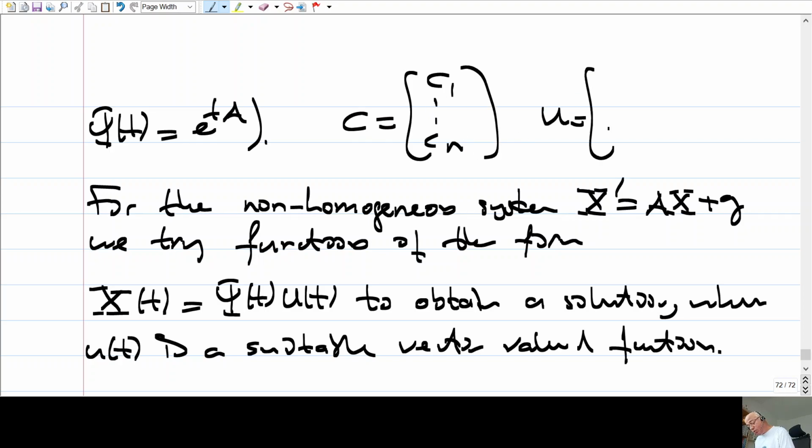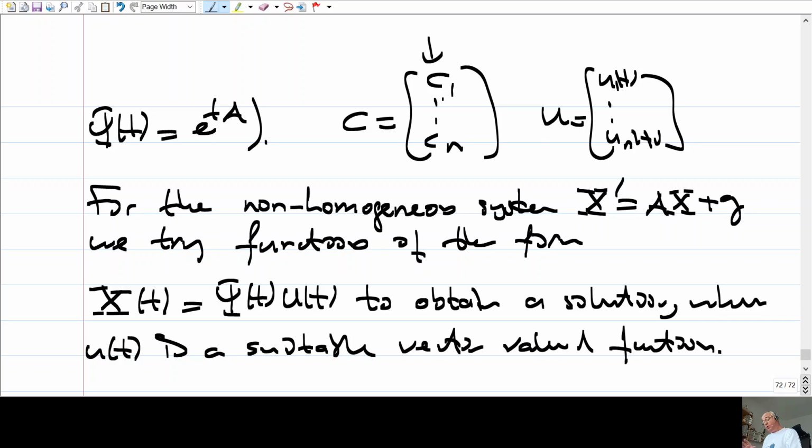Now I use a bunch of functions. And this is the reason why we call this method variation of parameters. These c_i's are parameters, and we replace them by functions.